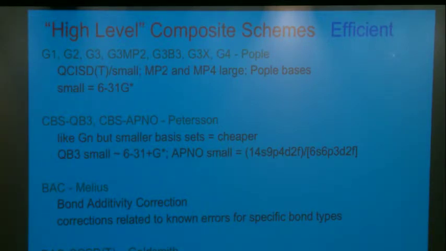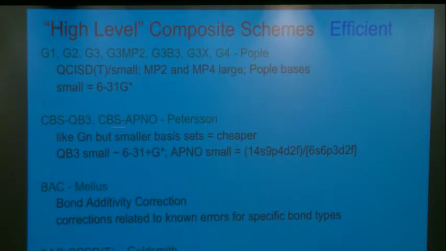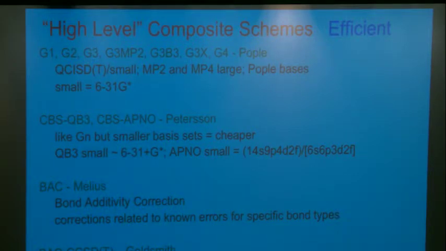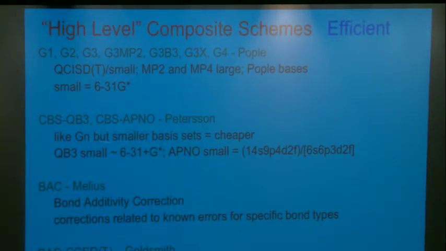It's very efficient. I don't do these calculations very often, but I believe you could reasonably do C10, C12 sorts of molecules in modest amounts of CPU. For some reason, and this is one of my pet peeves, one of the favorites in combustion is CBS-QB3. CBS-QB3 is like GN, but with smaller basis sets.